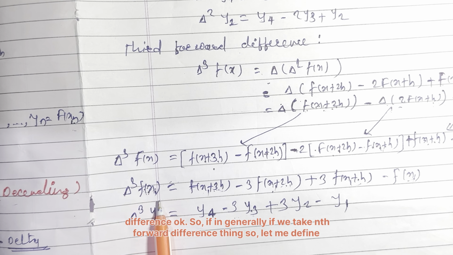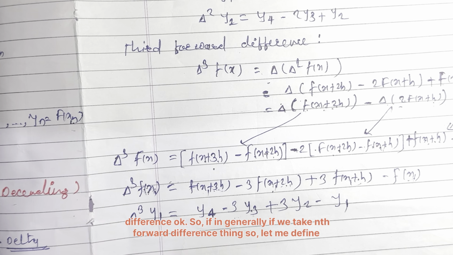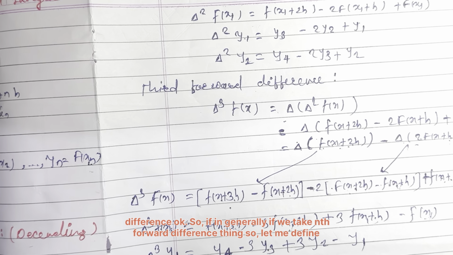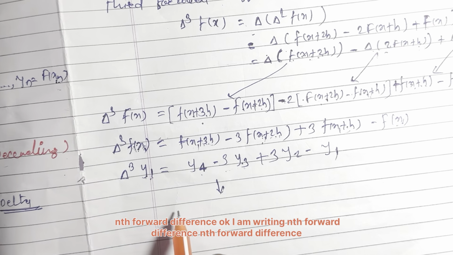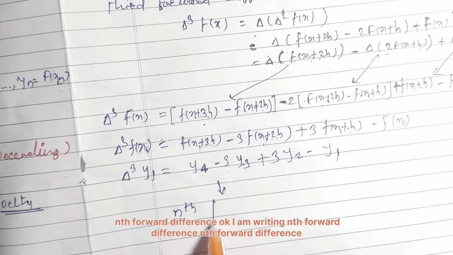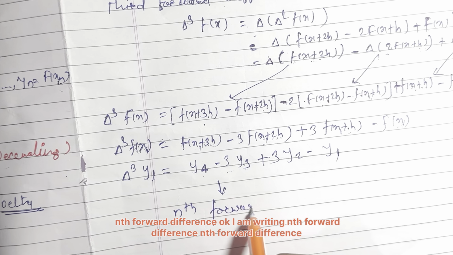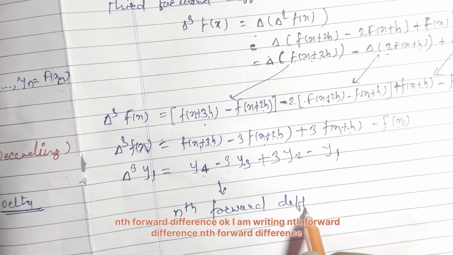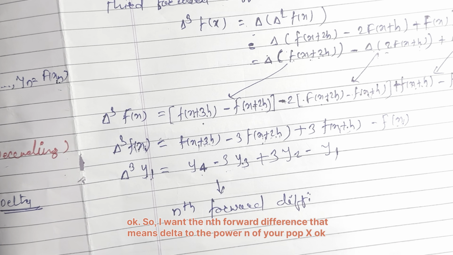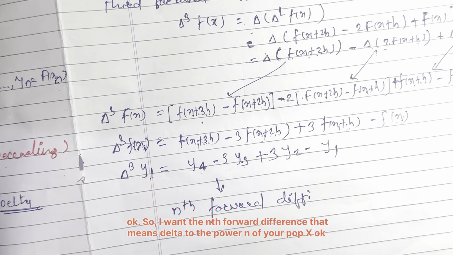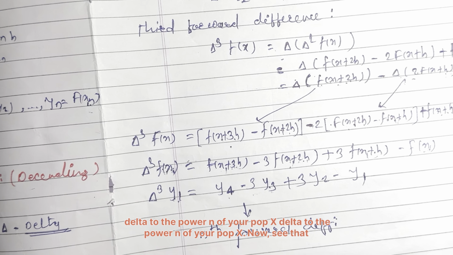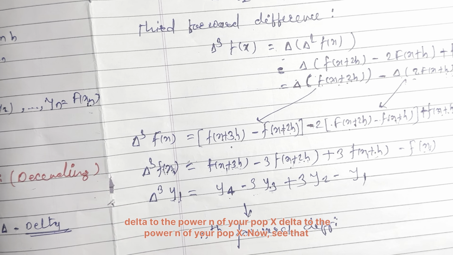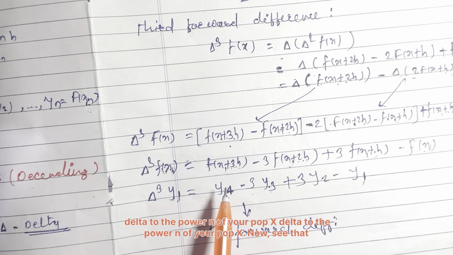If in general we take the nth forward difference, let me define it. I want the nth forward difference, that means delta to the power n of f of x.